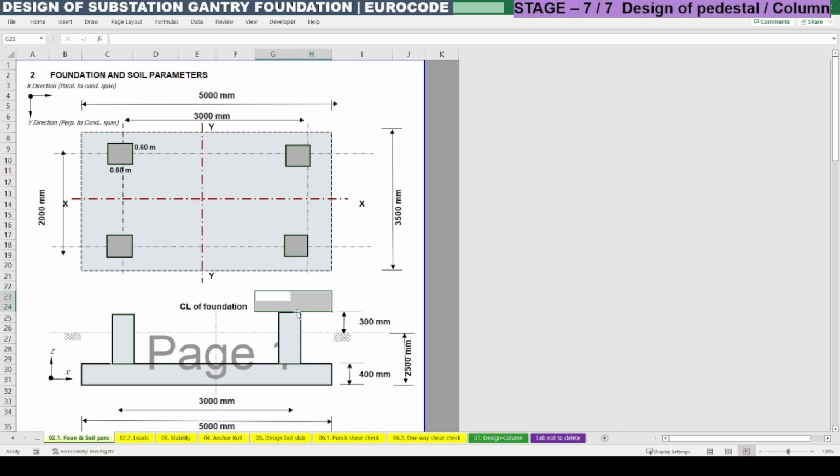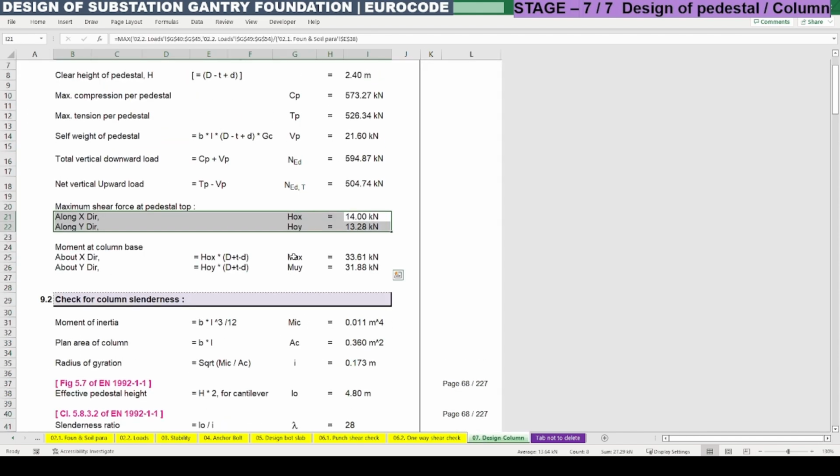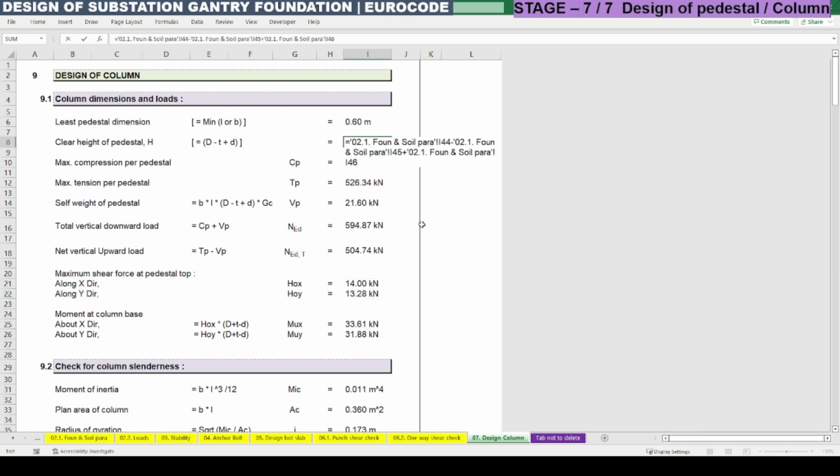We have the horizontal forces only at the top, and we need to find the bending moment at the bottom due to this horizontal force. For that we consider this clear height of the column as the lever arm distance. We already know the clear height of the column is 2.4 meter. This we multiply with these horizontal forces. This will be called MUY and this is MUX.